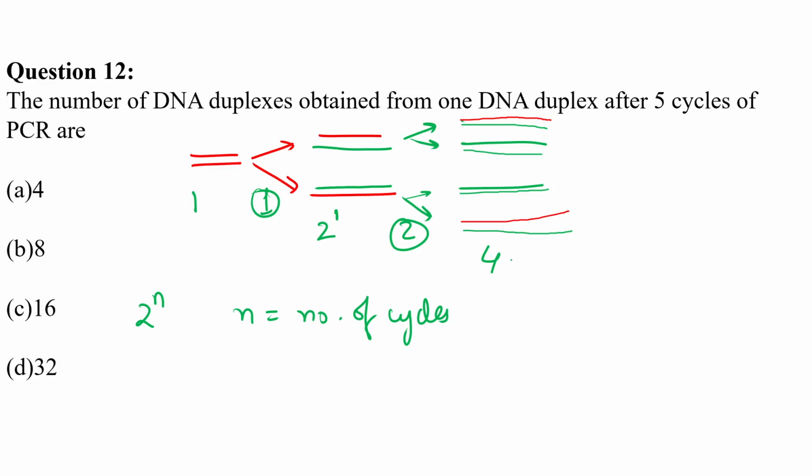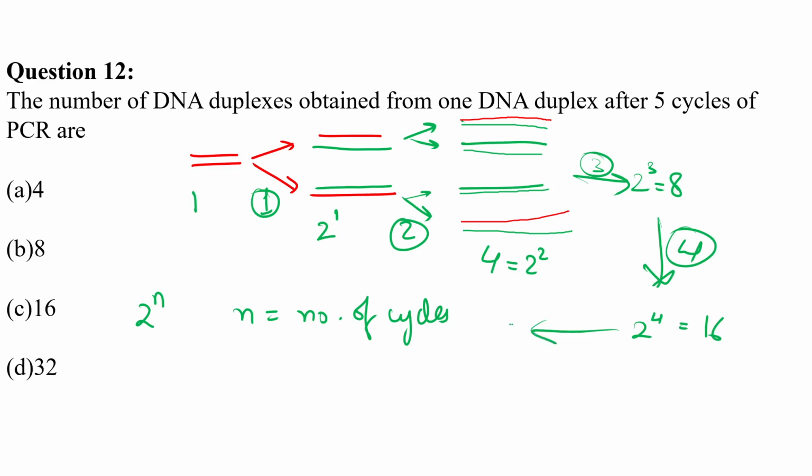After the second cycle we have 2 raised to the power of 2, that is 4 strands. In the third cycle, 2 raised to the power of 3, that is 8. Fourth cycle, 2 raised to the power of 4, that is 16. Fifth cycle, 2 raised to the power of 5, that is 32.